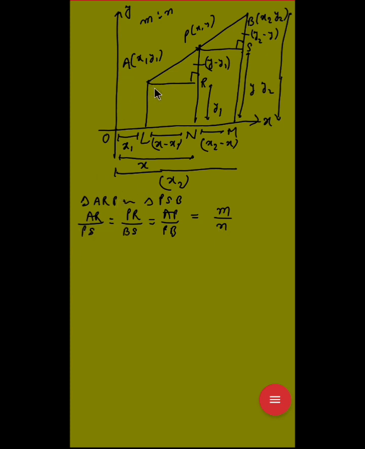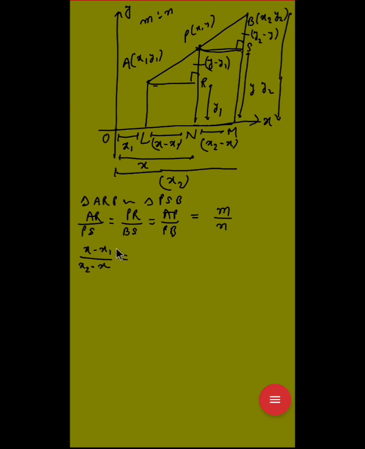The value of AR should be x minus x1, so I have written x minus x1 divided by PS, which is given by y minus y1. For AR, the distance is x minus x1, and this length will be equal to this length, so we have x2 minus x.